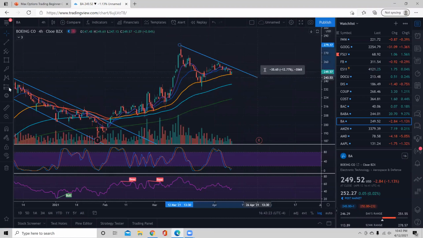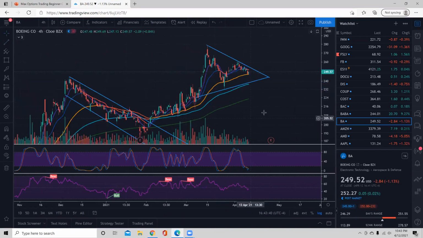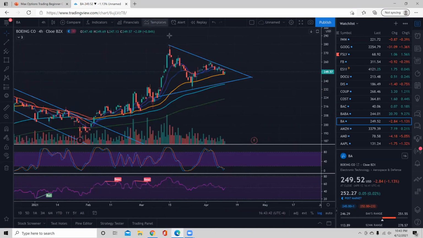Even if we went high wick, no, I'm not really liking it. I'm not seeing it. I'm not seeing a symmetrical there. I mean, maybe a tiny bit, but that is definitely not an ascending.